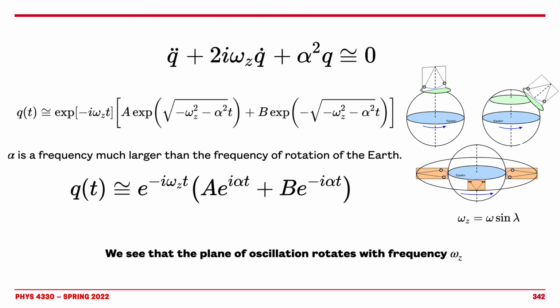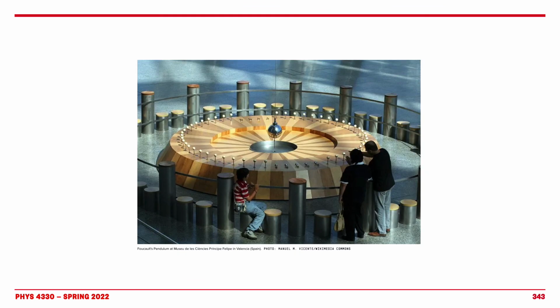Actually, many museums, as I said at the beginning of the screencast, have a Foucault pendulum installed, and in fact, most of those museums are around 40 degrees of latitude. And then you see, indeed, that the pendulum does not stay in the plane but moves. And this typical picture that you've seen here is an example of one that's in Spain.